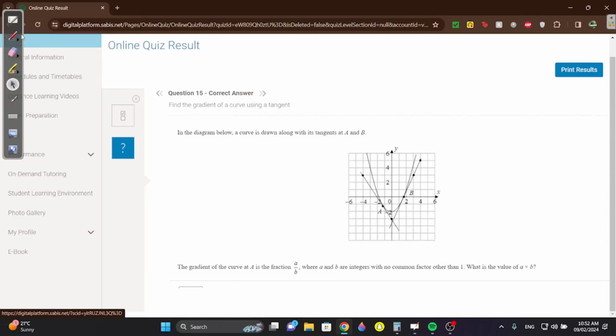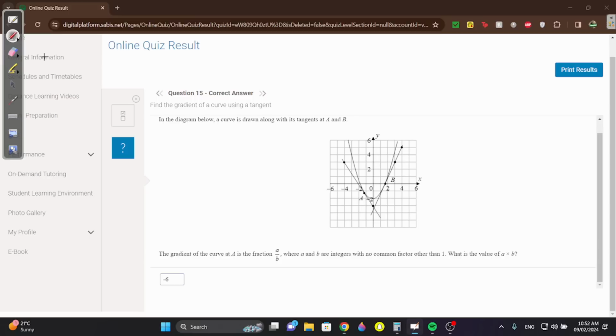Question 15. The gradient of the curve at A is a fraction of, okay, they want the slope of this line at A. I think you can find the slope easily. You have a point here, -4 comma 3, and you have another point over here.